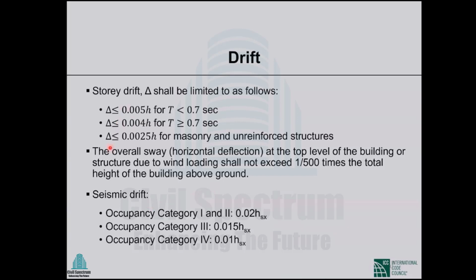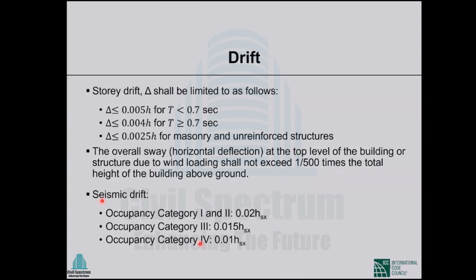Now, there is another criterion that has been introduced in this version of the code that is only for wind load. For only wind load, the total amount of sway at the top level of the building, not inter-story drift, must be less than this stringent number, 1/500. So this is something new that has been introduced in this building code.